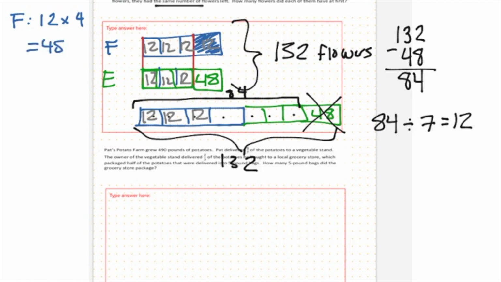So Fred had 48 flowers at the beginning. And Ethel had 12 times 3 flowers. It was just those 3 boxes, which gives us 36, plus the 48 that she sold, which we know. So you're adding 36 plus 48.